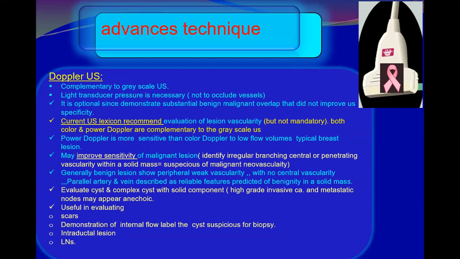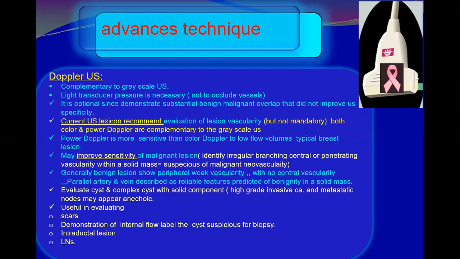In the current ultrasound lexicon, they recommend evaluation of lesion vascularity, but not as mandatory, as optional, complementary to the grayscale. Why? Because there is substantial overlap between benign and malignant features.